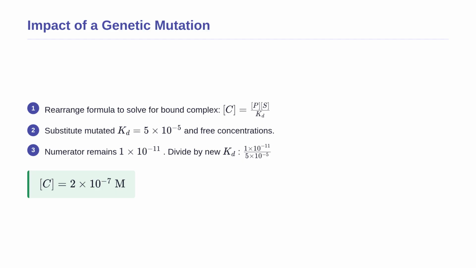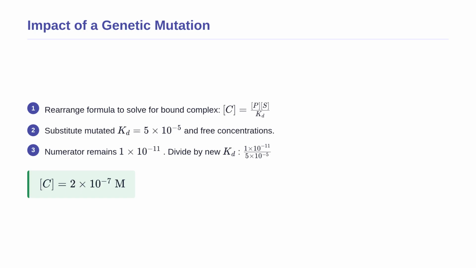This formula we just used leads us to an important question. What happens during a genetic disease? Here, a mutation increases the dissociation constant to 5 times 10 to the negative 5. We need to find the new concentration of the bound complex. We rearrange our formula to solve for C by multiplying and dividing the respective terms.